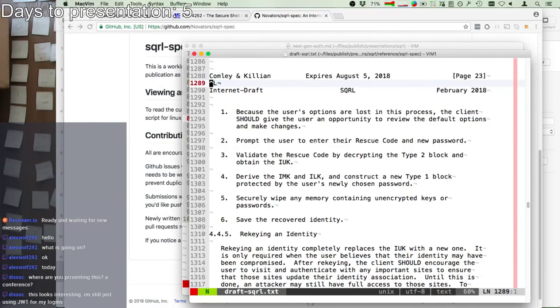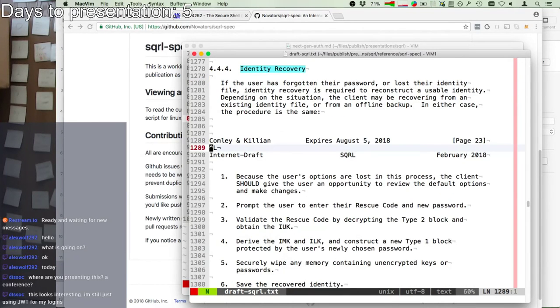And default options, rescue code. Validate the rescue code by decrypting the lost identity file. Oh, you know what? I think the offline backup might actually be like a QR code of a storage format, because they're talking about decrypting a block.